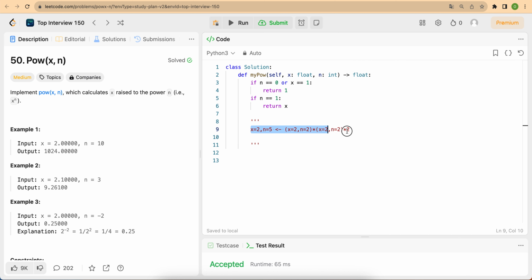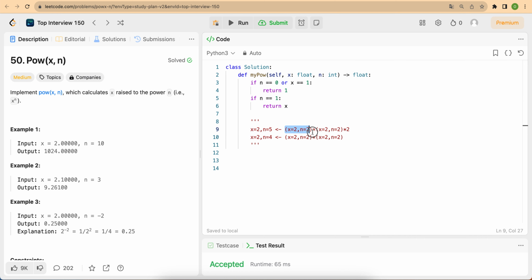So if our n is equal to 4, an even number, right? Even number. So we can get our result by doing this calculation, right? So here it's very easy to understand. So that means for these two scenarios, we have a common calculation, right?